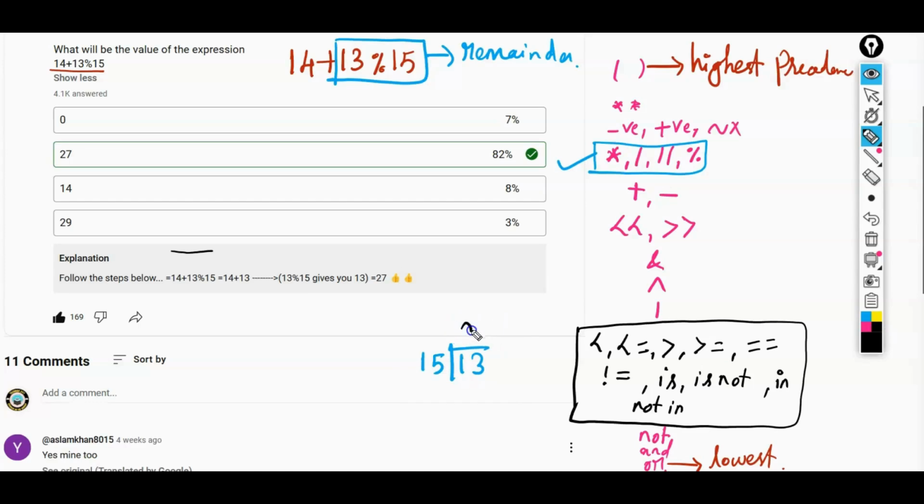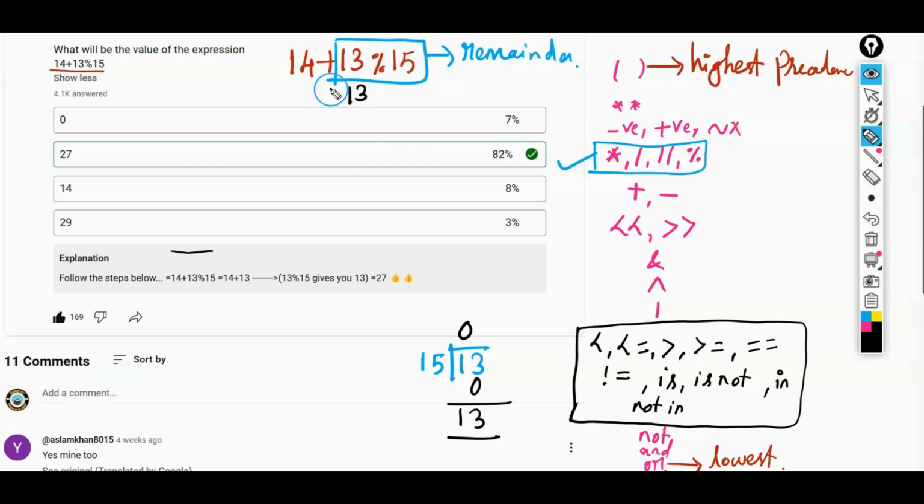You should multiply it with 0. 0 times 15 is 0. So what's your remainder here? It is 13. So we can understand that if the first value is lesser than the second value in the modulus operator, you can pick the first value as the answer. In this case 13 mod 15 will provide you the answer as 13.